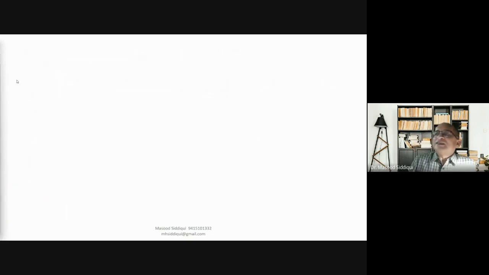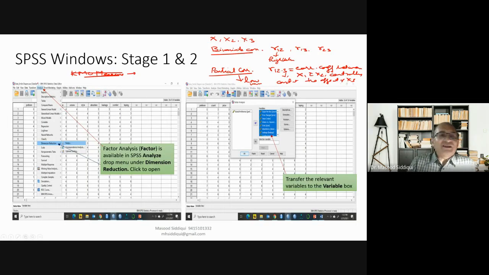Now let us discuss what is there in the table. Now we have 9 variables. Remember, principal component analysis has two objectives. Number one, reduction, that is data reduction. We want to reduce our variables, we want to reduce our data.